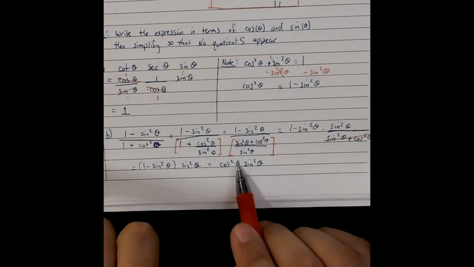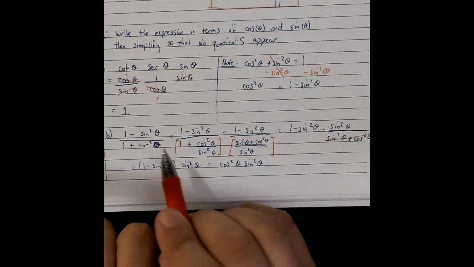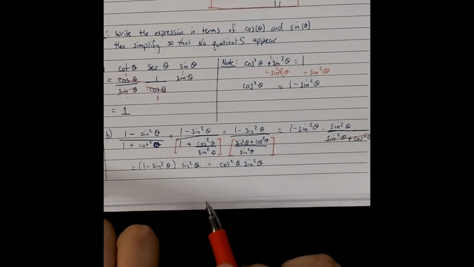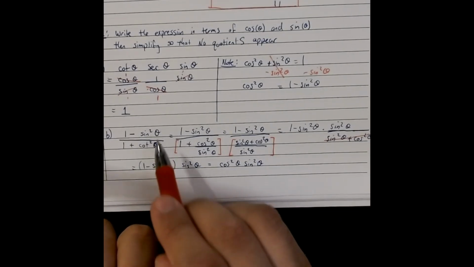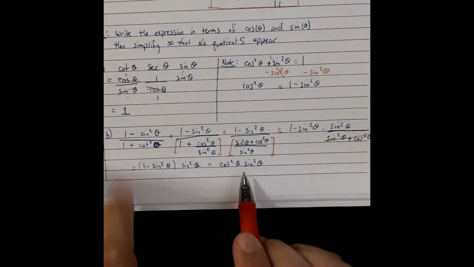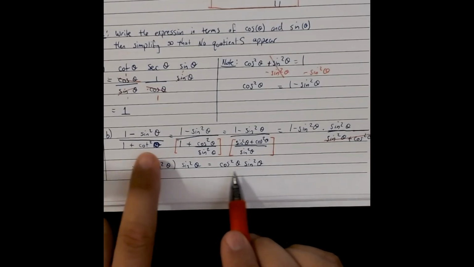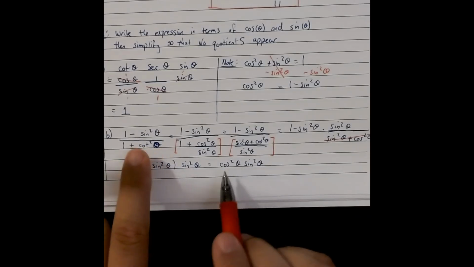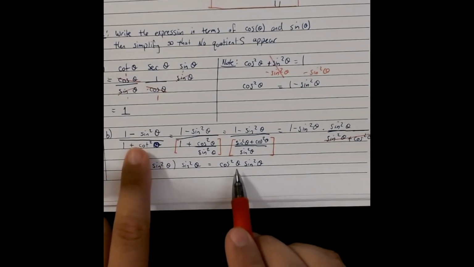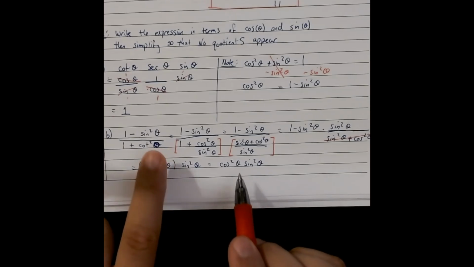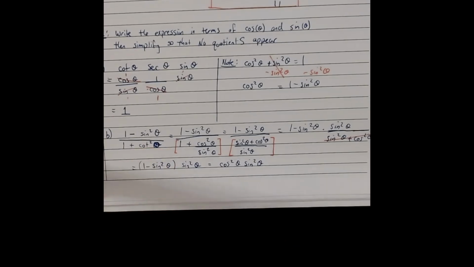If you plug in 17 here and here, you're going to get the exact same answer. If you plug in 38 here and here, these will be exactly the same answer. That's what an identity means. Even though they're written in terms of different functions and look very different, as long as you substitute in the same value to both, they will always be equal.